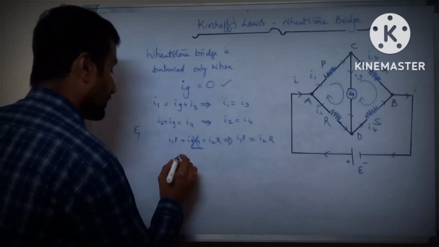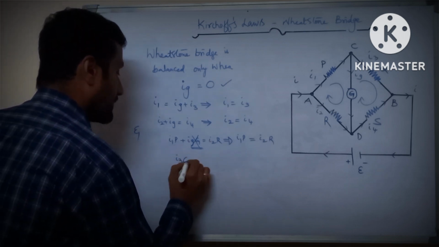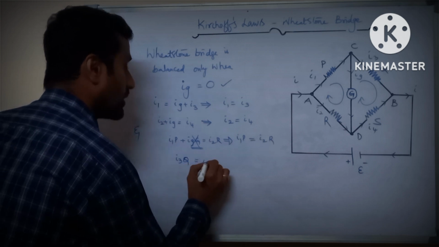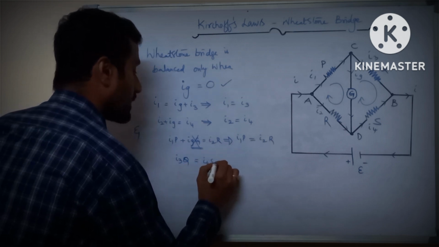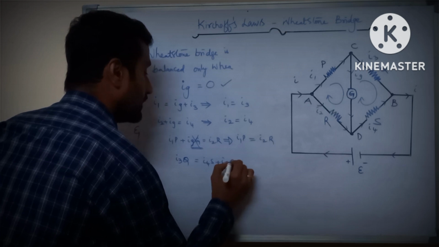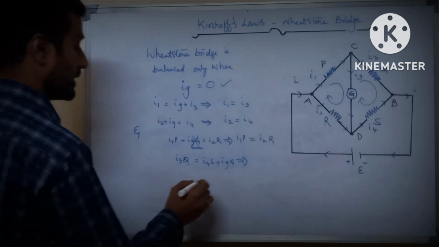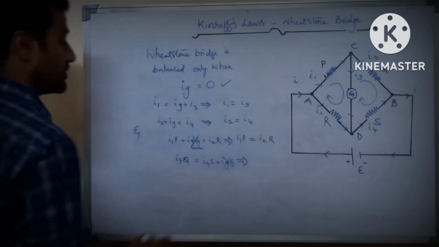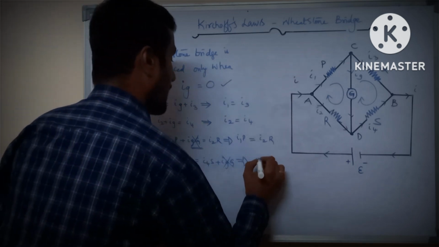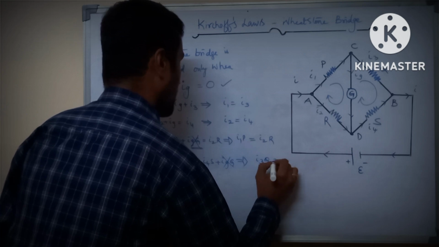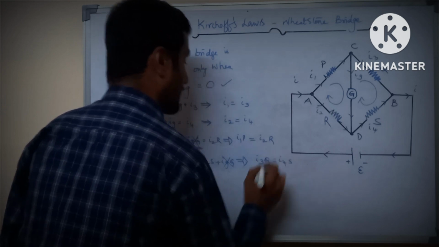Similarly, I3Q is equal to I4S plus IgG implies when Ig is equal to 0, this term becomes 0. Therefore, I3Q is equal to I4S.